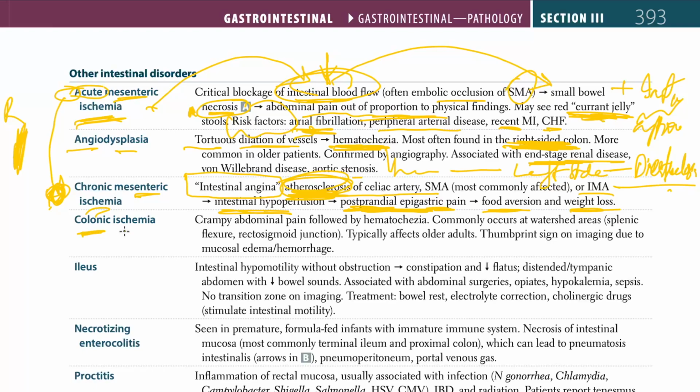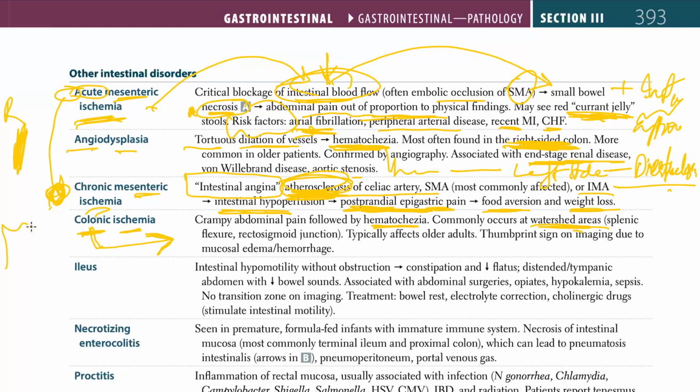Let's talk about colonic ischemia. Crampy abdominal pain followed by hematochezia commonly occurs at the watershed areas. In the colon, or in all of the GI tract, what are the watershed areas? You just have two.